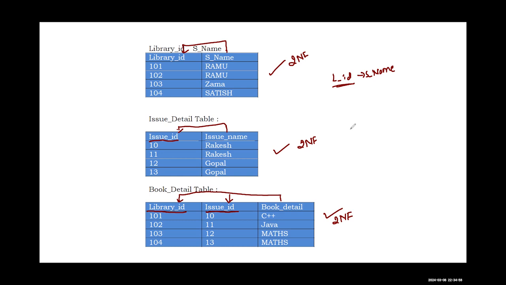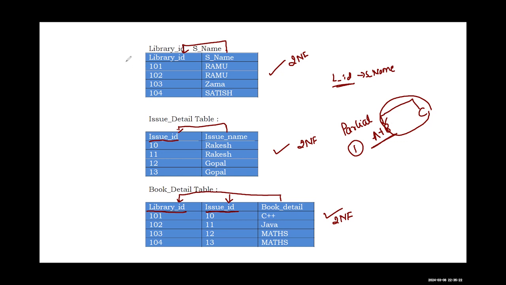We call any dependency a partial dependency only when there is more than one primary key column. For example, there are two columns forming a concatenated primary key, and another column is dependent only on a single part of that concatenated key. Then this relation is called a partial dependency, which is not allowed.